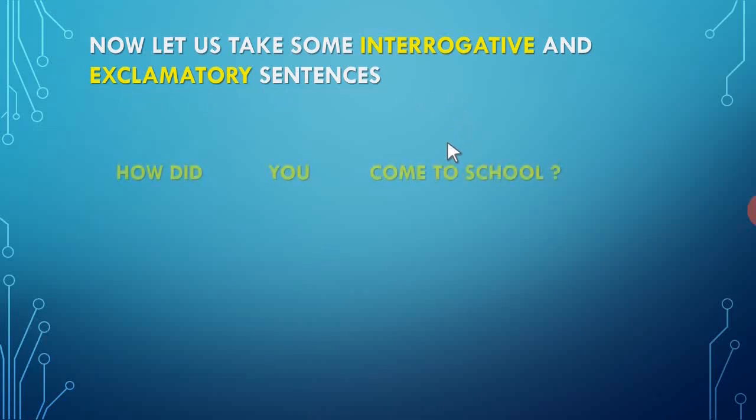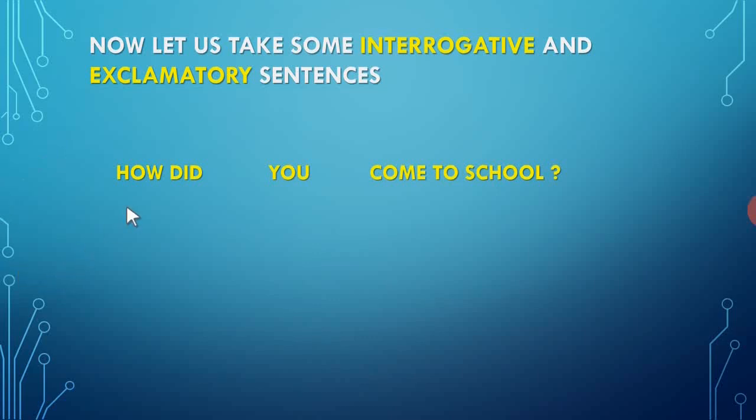So what happens, children, in those kind of sentences? Suppose, how did you come to school? This is a question, children. So remember, children, in these kind of sentences, the subject comes after the predicate. In all other sentences, children, the subject comes before the predicate.